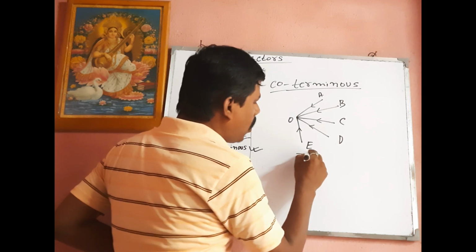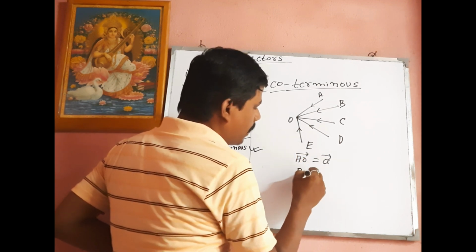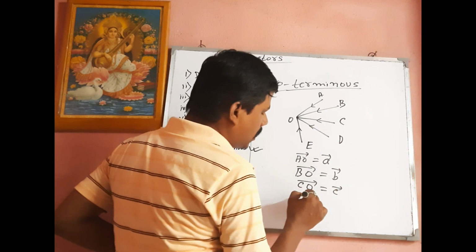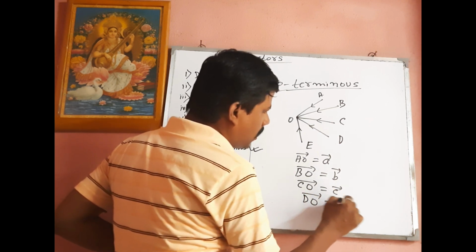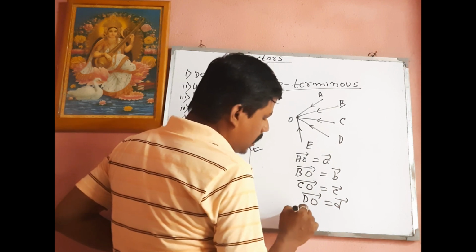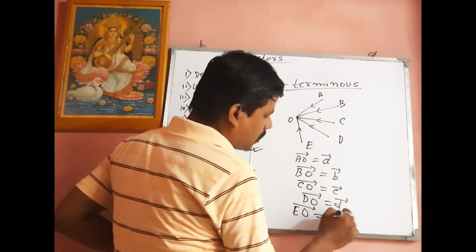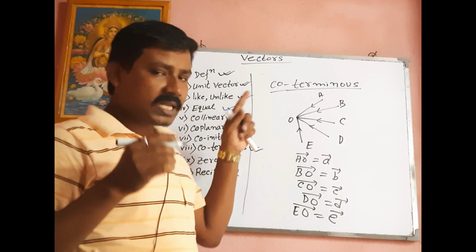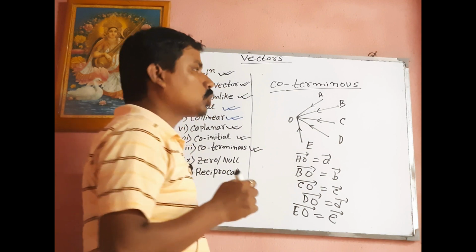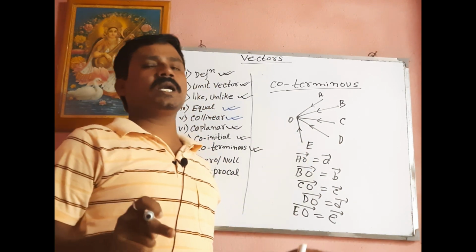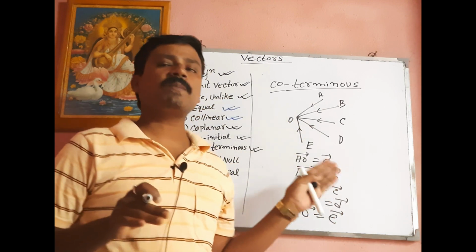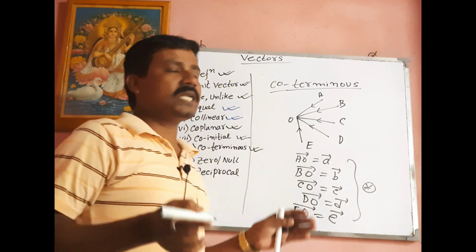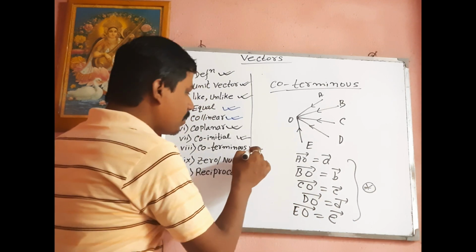Here AO is equal to vector A, BO is equal to vector B, CO is equal to vector C, DO is equal to vector D, EO is equal to vector E. Here you can see vectors A, B, C, D, E have one terminal point, O. So all the vectors terminate at O. This is an example of coterminous vectors. This is the complete coterminous part.